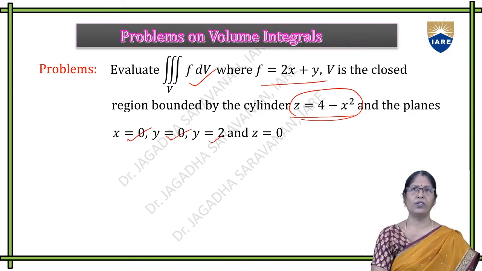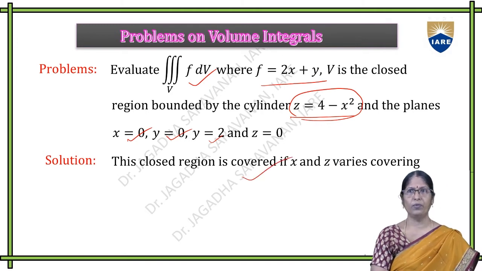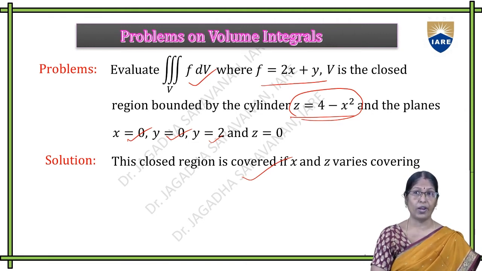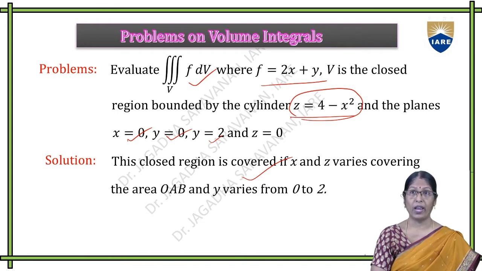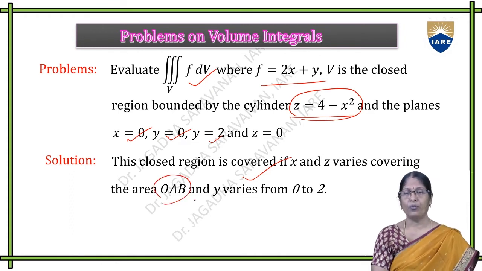With these conditions satisfying our cylinder, we have to draw now. So the first one, which is given in the question, is the closed region which is covered if x and z vary, covering the area OAB, our surface.